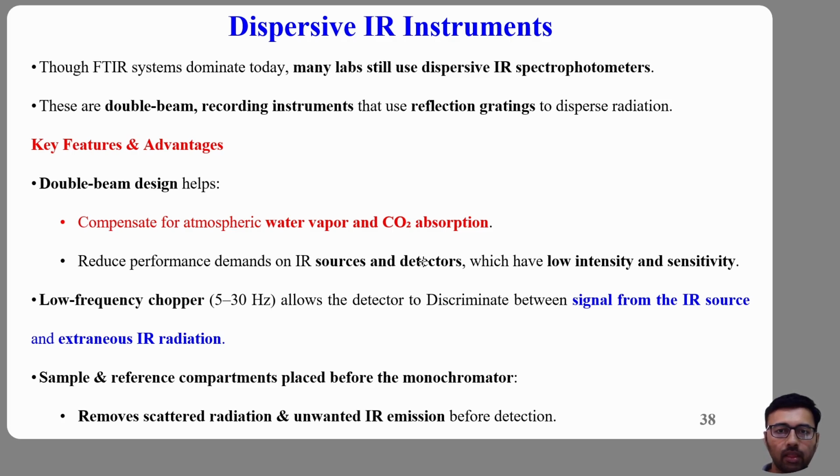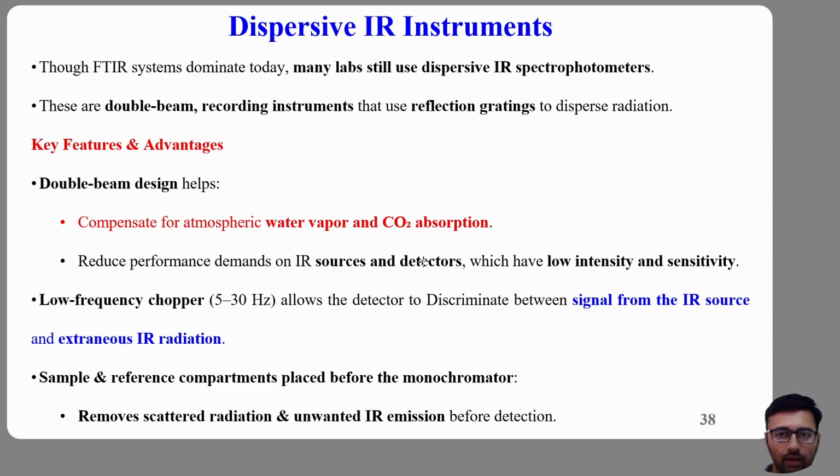As it spins, it alternately directs the reference beam and the sample beam into the monochromator. In one position, the chopper reflects the reference beam into the monochromator. A fraction of a second later, the rotating opening allows the sample beam to pass through. This alternating cycle repeats continuously.